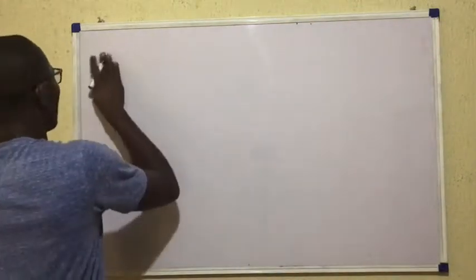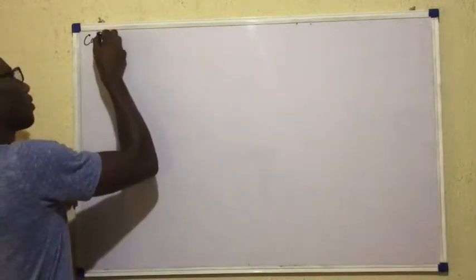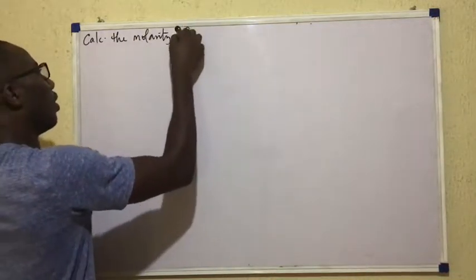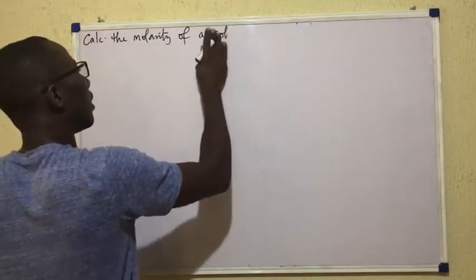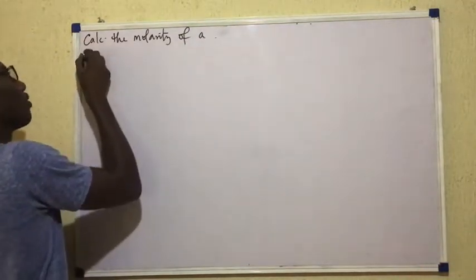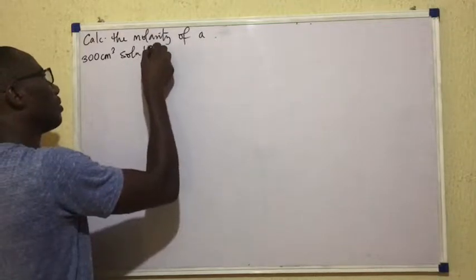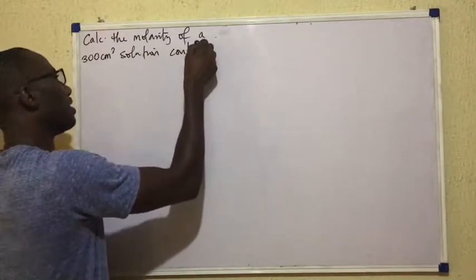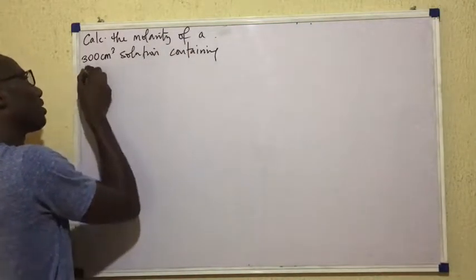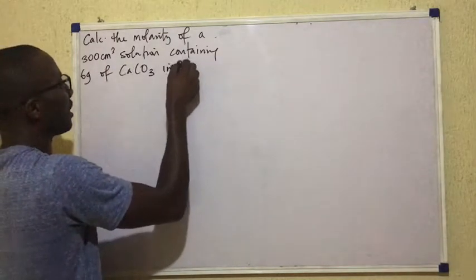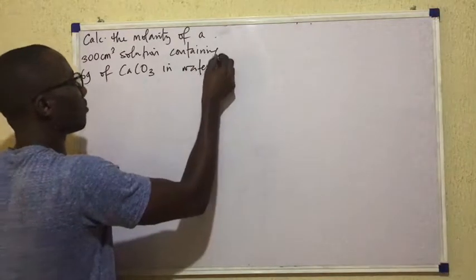This first one says, calculate the molarity of a 300 cm cube solution containing 6 grams of calcium carbonate in water.